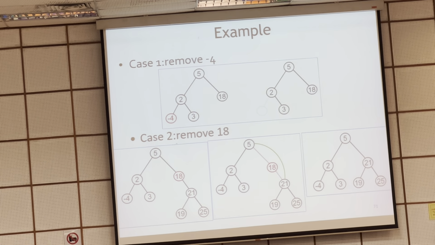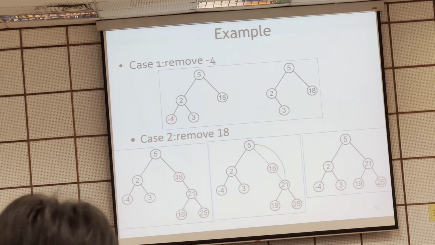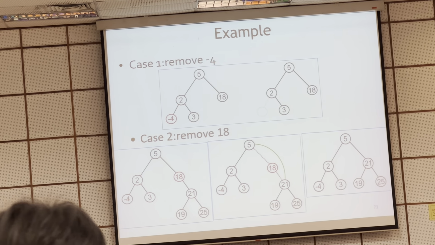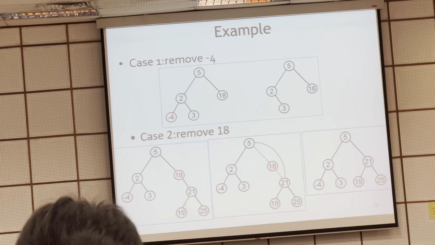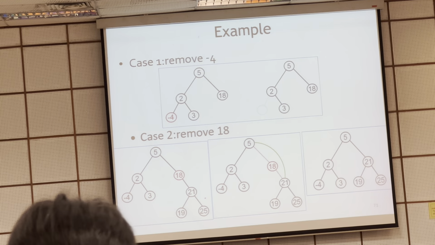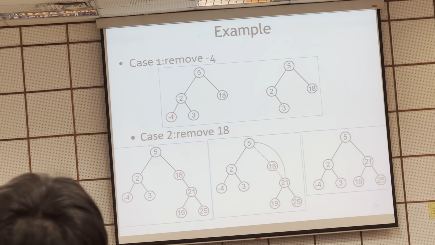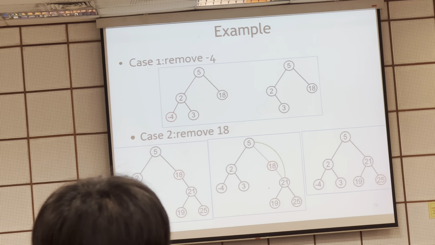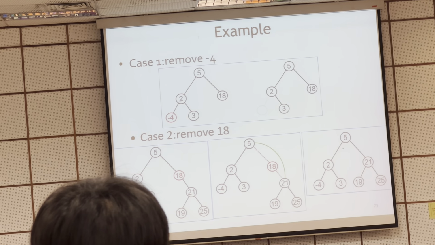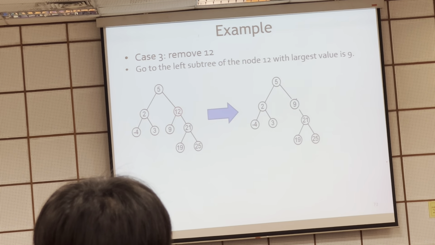When you have a node with a single child, 18 has only 21, 1 child. What do we do? You connect the child to the grandparent. See? Any questions here?